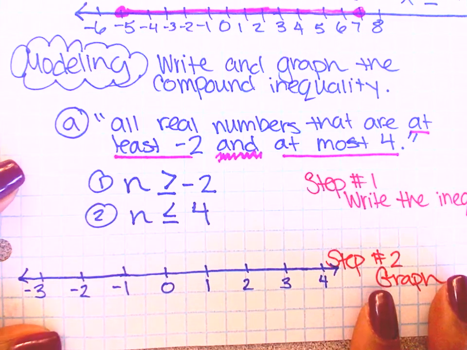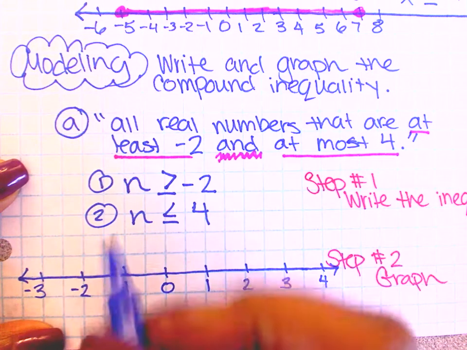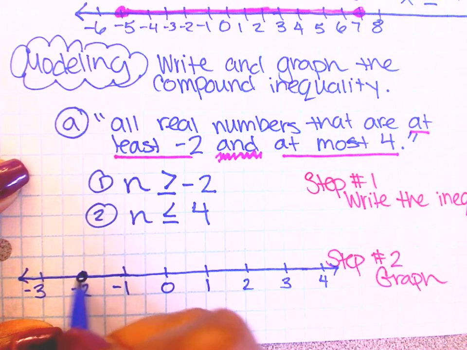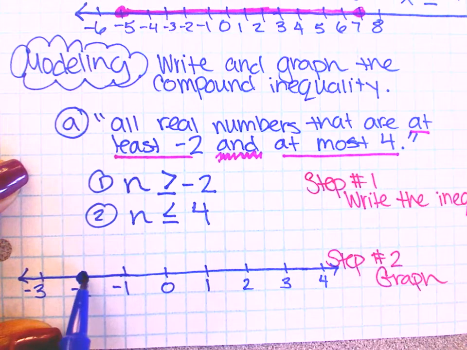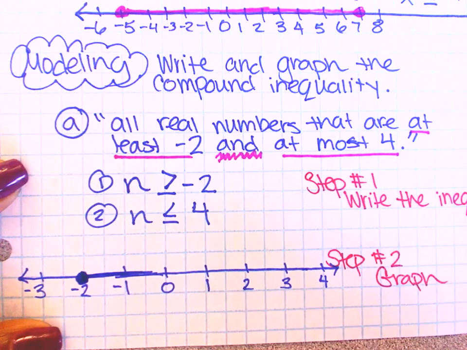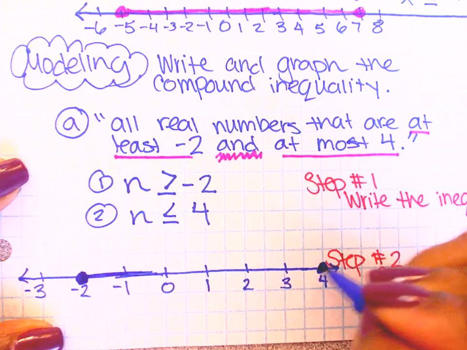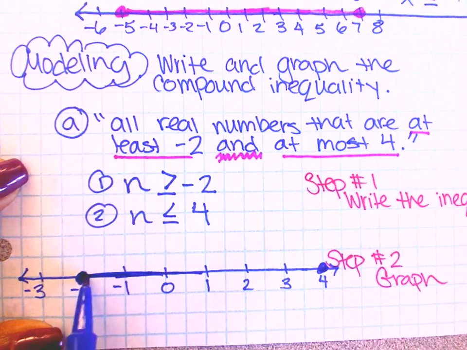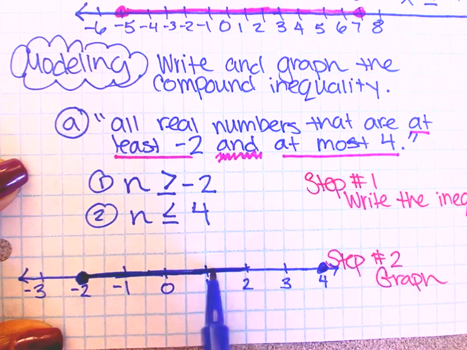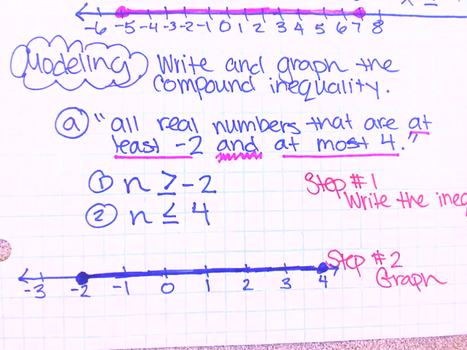Now I'm going to take the first inequality. n is greater than or equal to -2. So I know that it's going to be a closed circle on the -2, and that means I'm going to shade this way. But my second one says it's less than or equal to 4, so I'm going to put a closed circle over the 4. So the shaded area is the area in between -2 and 4. That's how you graph them together.